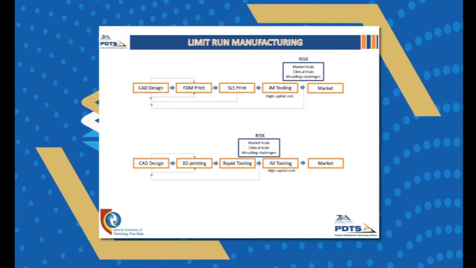Well, there's a great price difference between a rapid tool and a large steel mass-produced injection mold tool. As I said, injection mold tools can cost upwards of 800,000 Rand. Well, a large rapid tool in nylon can cost you roundabout 10,000 Rand. So your monetary risk is greatly reduced.